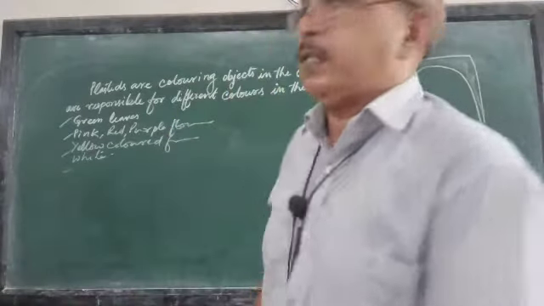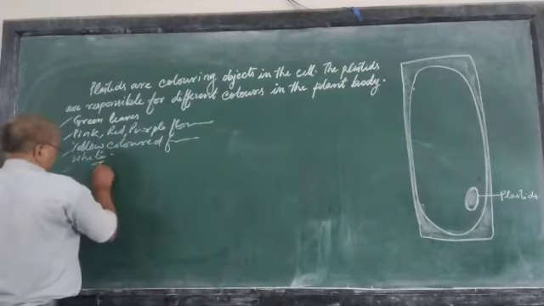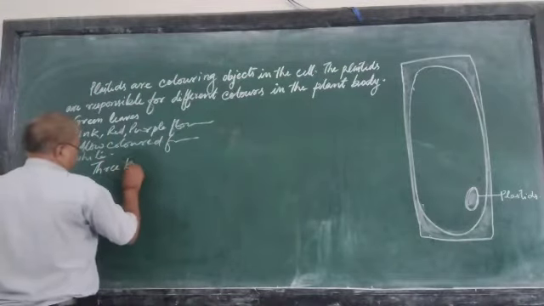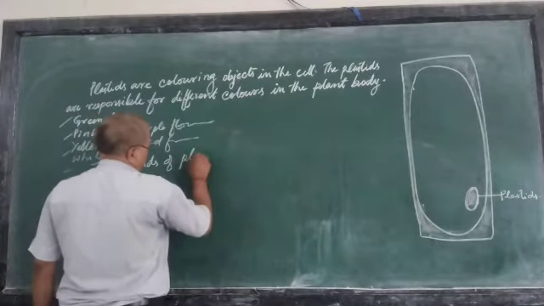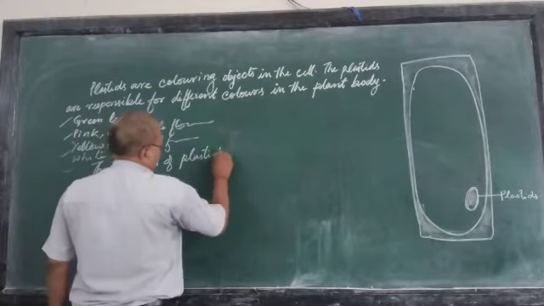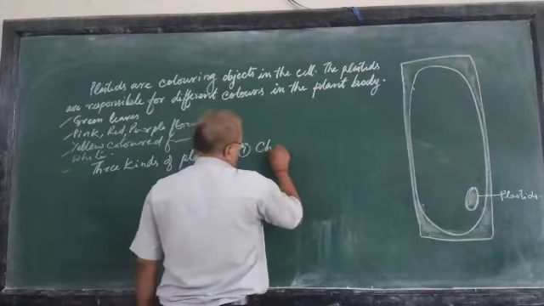and leucoplast. So there are three kinds of plastids. What are they? First one is chromoplast.